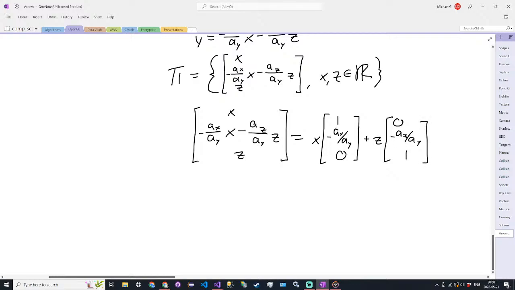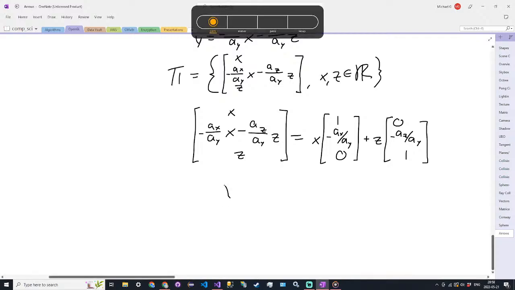And that's a linear combination, and that's just the set of all linear combinations, and hence a plane, because it's an infinite set of vectors, because X and Z can be any number. So we have our basis vectors now.